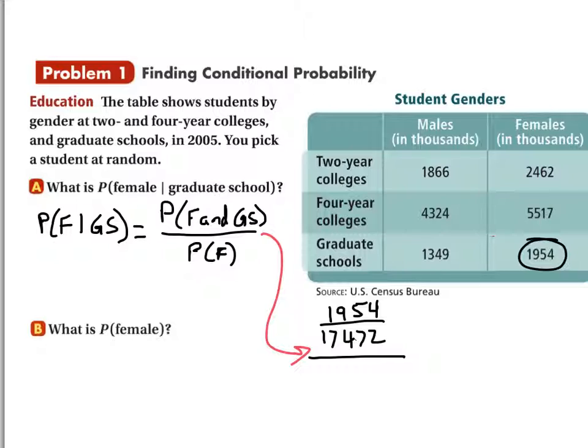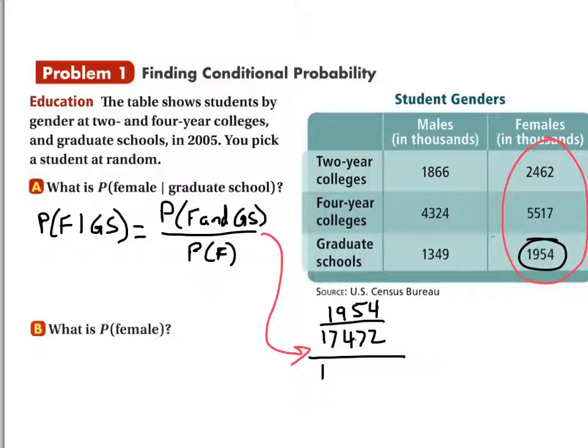What did you add up to get these 17? All our numbers? Oh, okay. All right, so how many females do we have?